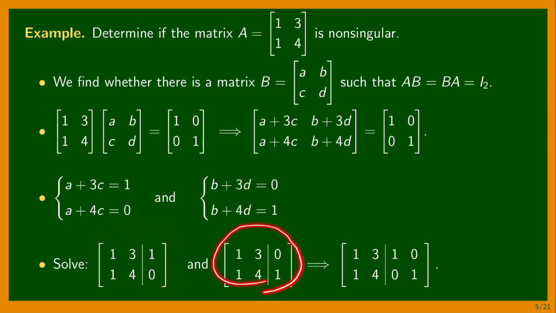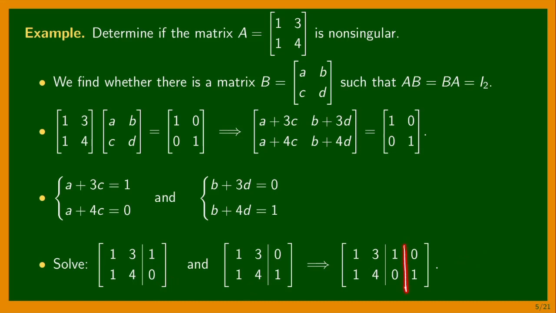Instead of doing two Gauss-Jordan algorithms, we can make the process shorter by solving simultaneously as shown.